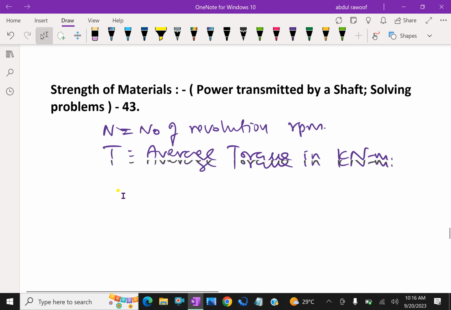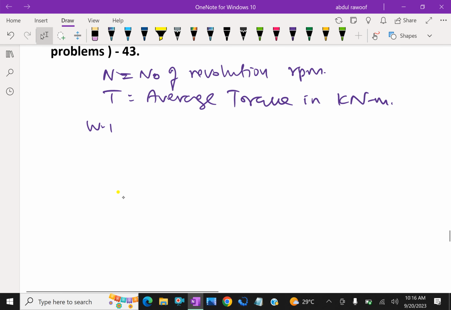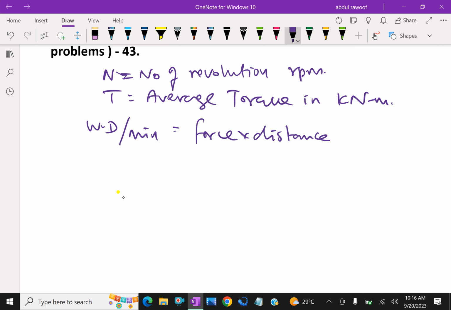Work done per minute equals force into distance. Force into distance is work, that is 2 pi N into T, that is T into 2 pi N, which is equal to 2 pi NT, work done per minute.